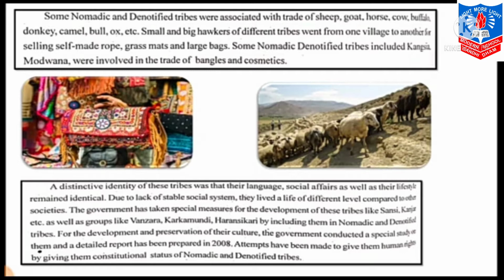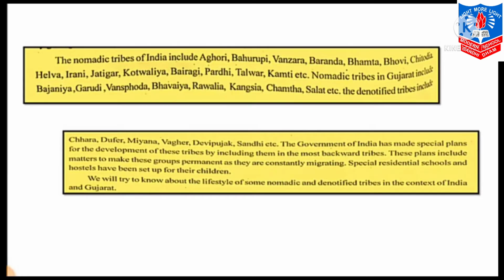For the development of these tribes and preservation of their culture, the government has conducted a special study and prepared a detailed report in 2008, and based on that report they were given constitutional status of nomadic and denotified tribes and given human rights.